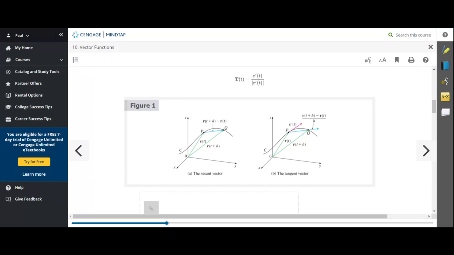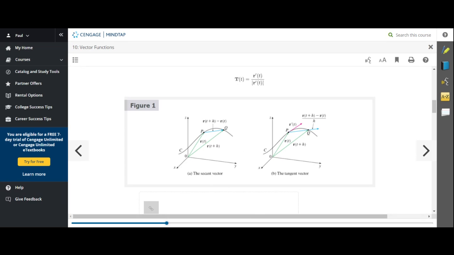There's an analogous phenomenon here with the space curve. You have a secant vector, and as you take the secant vector and divide by h and let h go to 0, you're going to get a tangent vector r prime of t, as they show you in part B of figure 2.